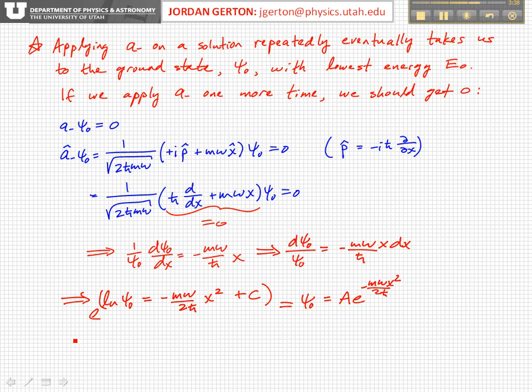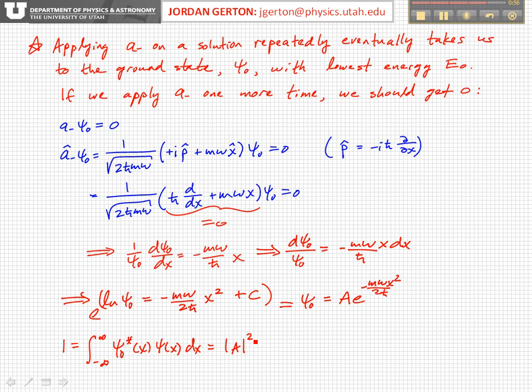So if we set equal to 1 the integral from negative infinity to infinity of psi 0 star, and remember this is a function of x, times psi of x dx, what we get is the absolute magnitude A squared.